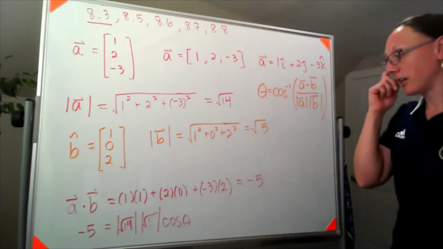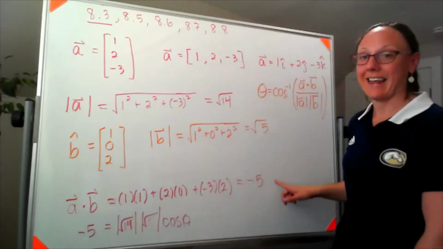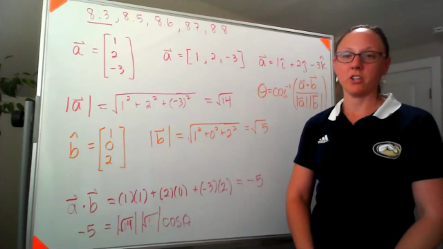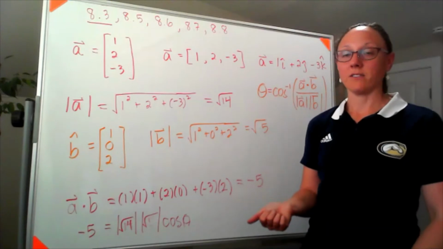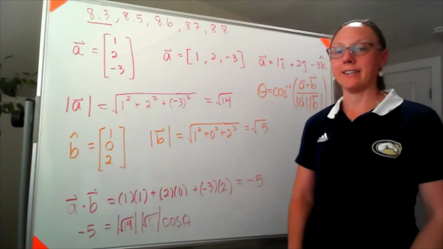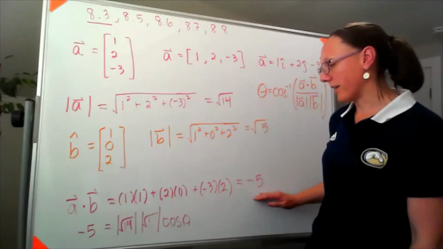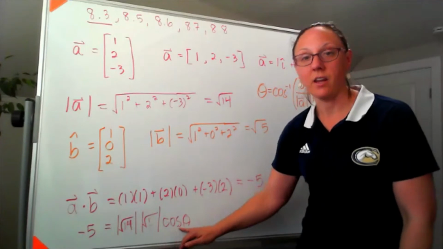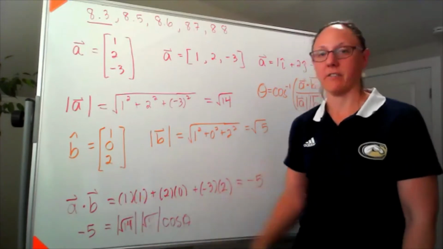If I take the dot product and I get an answer of 0, then I automatically know that the angle between the 2 vectors is 90 degrees, or they're perpendicular, or I can also say they're orthogonal, or I can say they're normal to each other. So if this dot product is 0, that means we had to be looking at cosine of 90 degrees in order to get a 0 on this side of the equation.